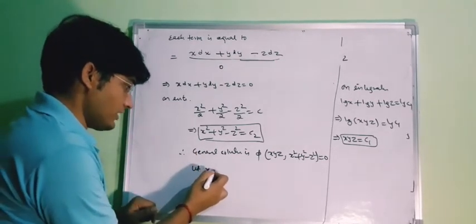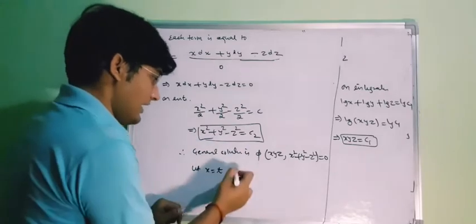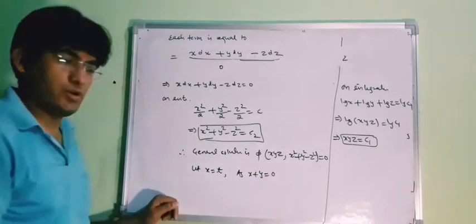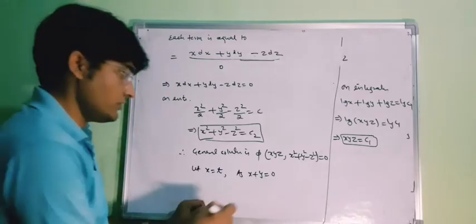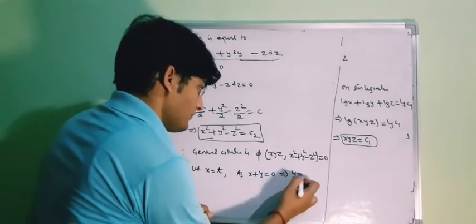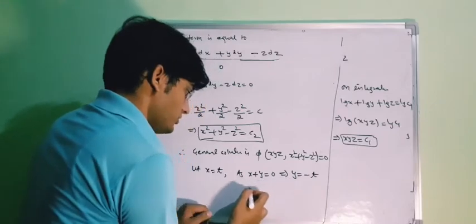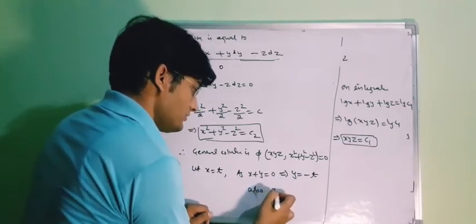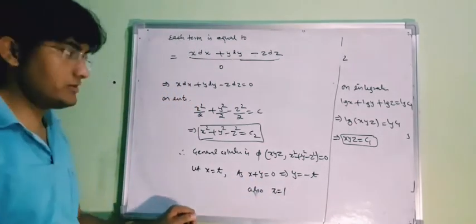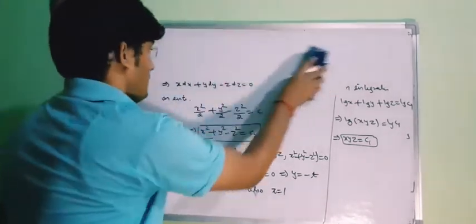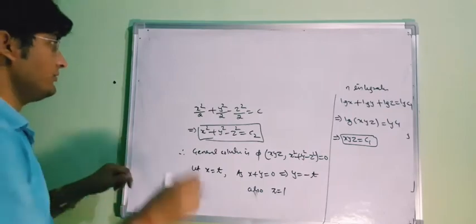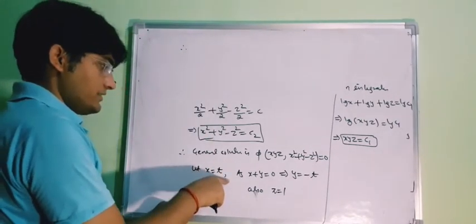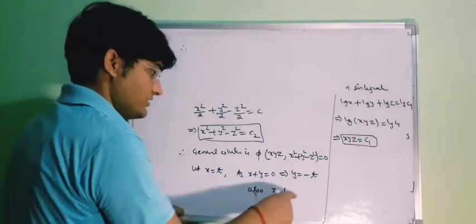Let x equal to t, and as we have the straight line x plus y equal to 0, which is given in your problem, our y will be minus t, and also we are given z equal to 1. Therefore x is t, y is minus t, and z equal to 1.